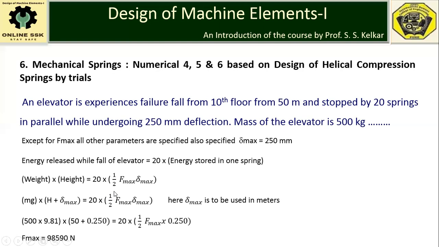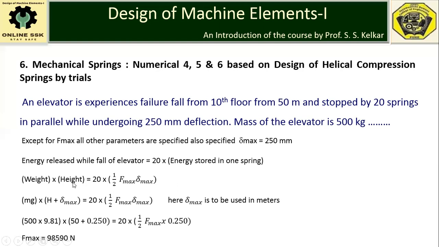So each individual spring will absorb energy equal to 1/2 F max delta max. Such 20 springs will together absorb the total energy of the elevator. Now here the weight of the elevator is mg.